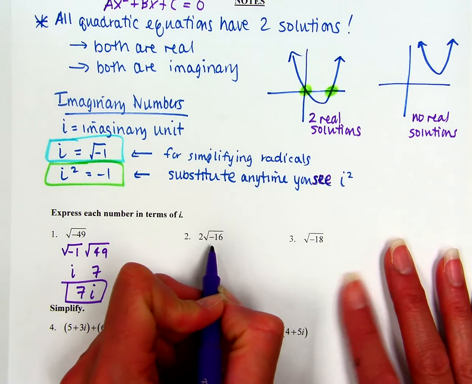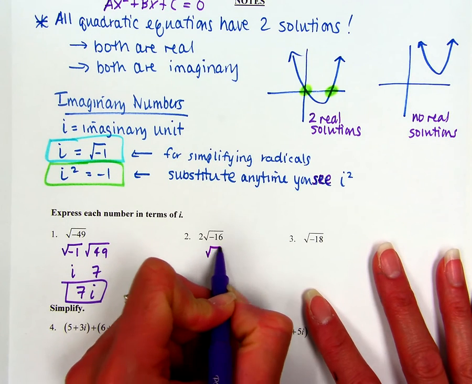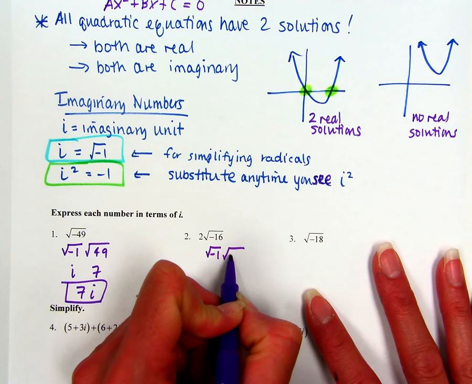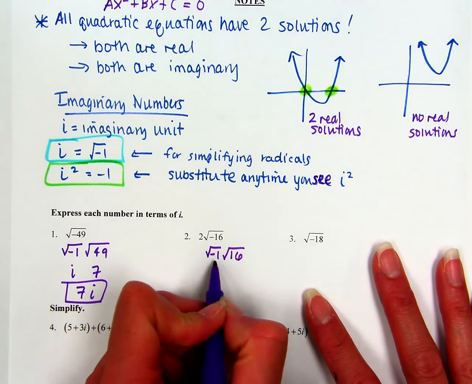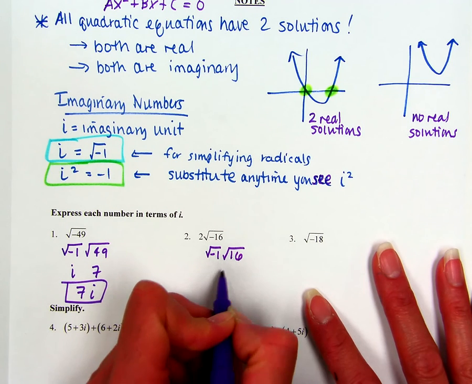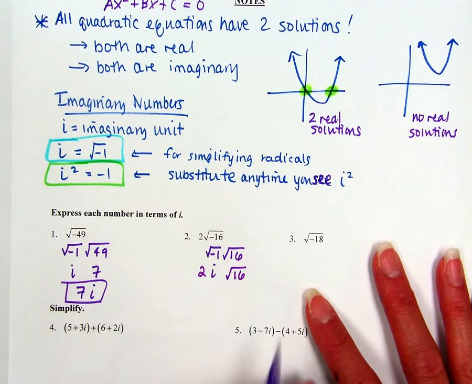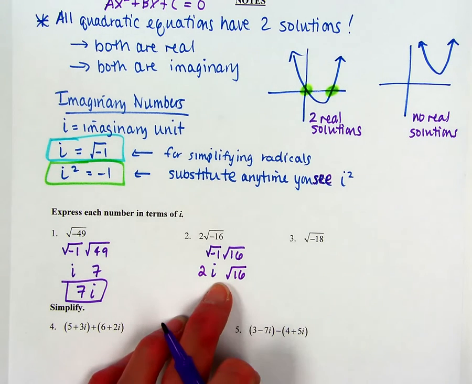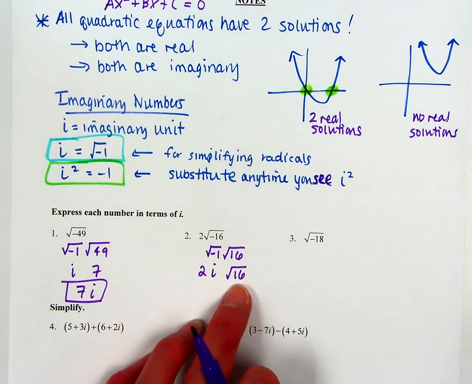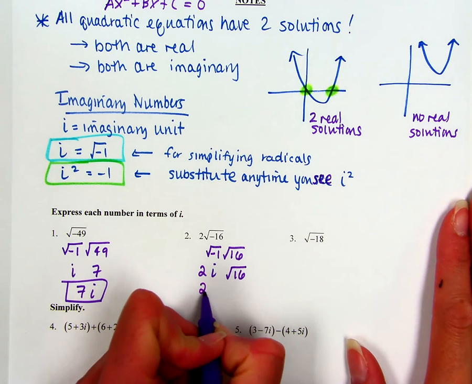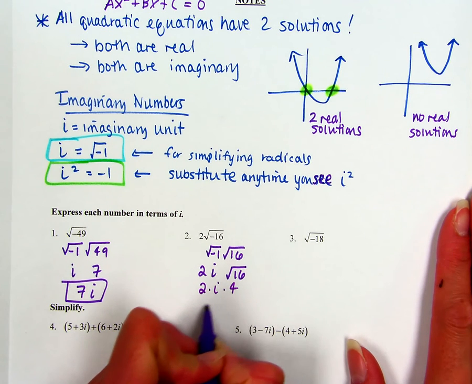All right, so on this problem, I'm going to replace -16 with square root of -1 times +16. This is my imaginary unit, and this is square root of 16, and I have a 2 out in front. So now I have all i's in there, and what's the square root of 16? That's 4. So 2 times i times 4, that's 8i.